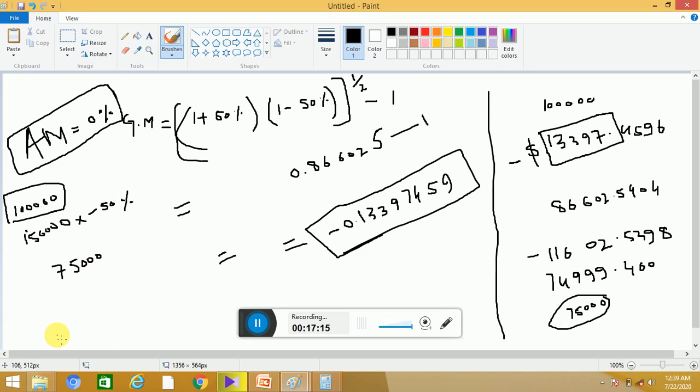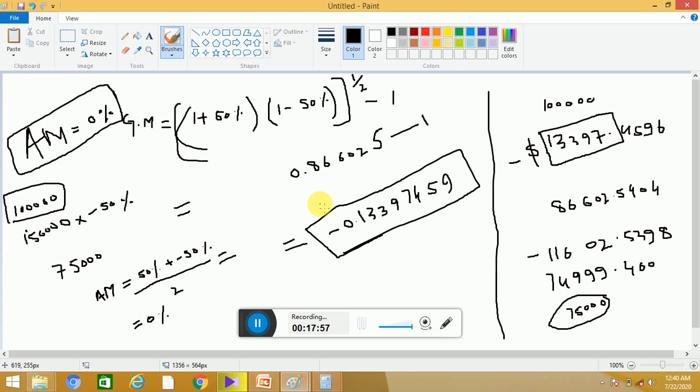Arithmetic mean was just calculating the average: first year 50% profit, second year a 50% loss, minus 50%, and divided by 2. So it was giving a result of 0%.